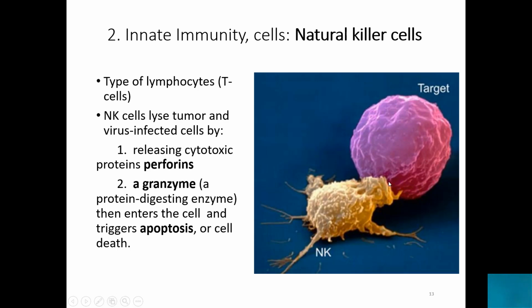When that happens, a special protein digesting enzyme called granzyme is released from the natural killer cell into that cell and causes apoptosis of that cell, or cell death. So if it's a cancer cell, it dies. If it's our own cell filled with viruses, it dies too, together with all those viruses, and they cannot spread.